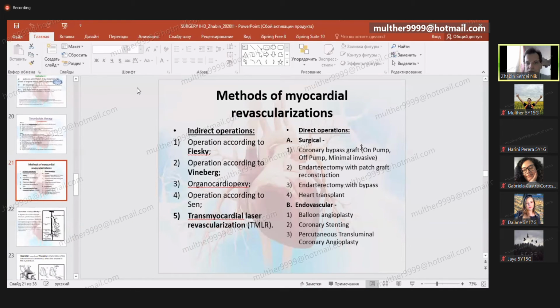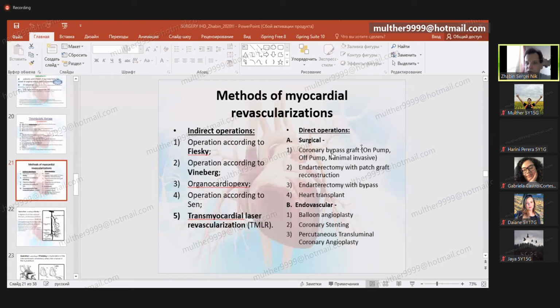Methods of myocardial revascularization. They are indirect operations according to Fiske, Weinberg, oxygen cardiopexy, operation according to Sen, transmyocardial laser revascularization, and direct operations, you know, which is the often used type of operation, surgical coronary bypass graft, on pump, off pump, minimally invasive, we can speak about it in our lesson.